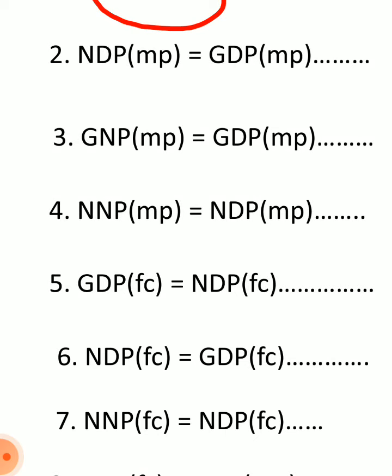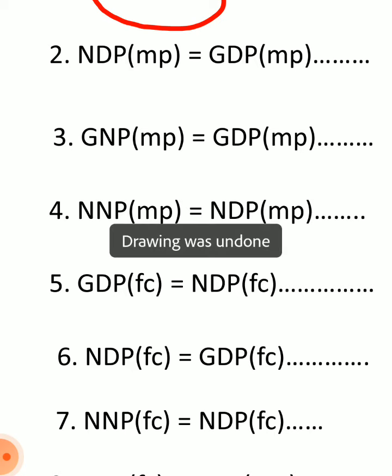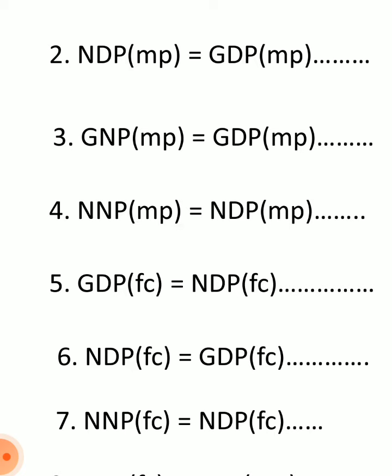Here the N at the first place is called net, and G is for gross, so we have to convert net into gross. Whenever we convert net to gross, we add depreciation. Okay, when we convert net into gross, we will add depreciation.